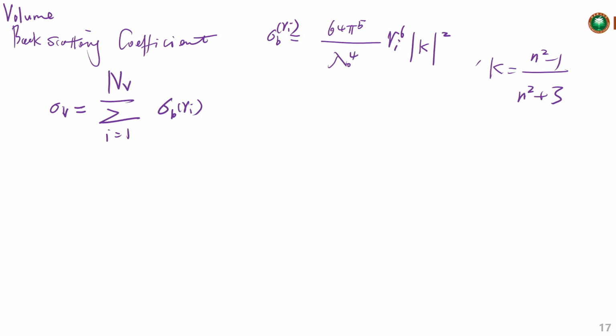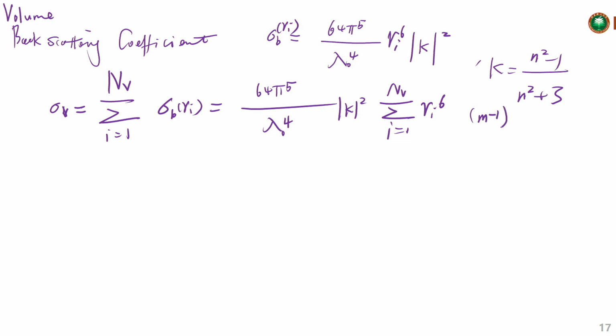It can be expressed as 64 pi to the power 5 over lambda naught to the power 4 and K squared, and the sigma of that is just the sum of radius to the power 6. Its unit is per meter.